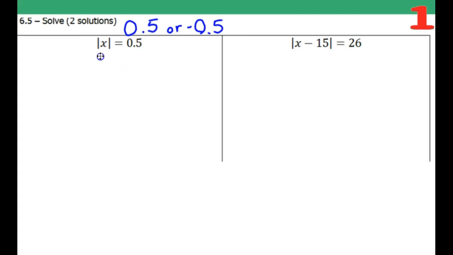So what we need to do is create two problems here. One, we're going to have x equal negative 0.5, and the other is going to be x equals positive 0.5.